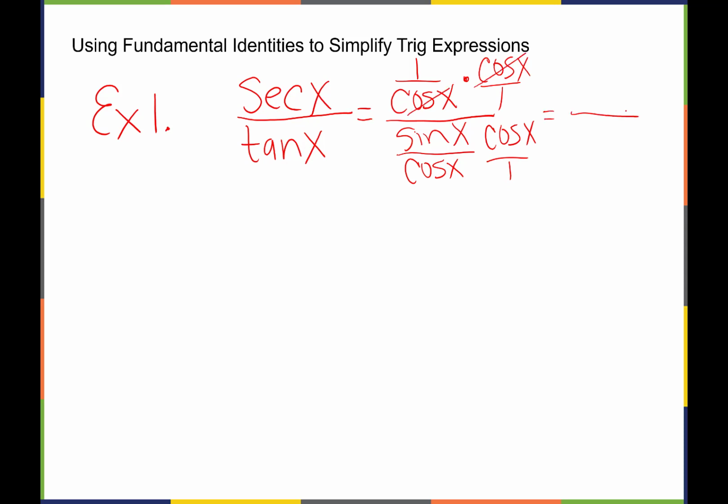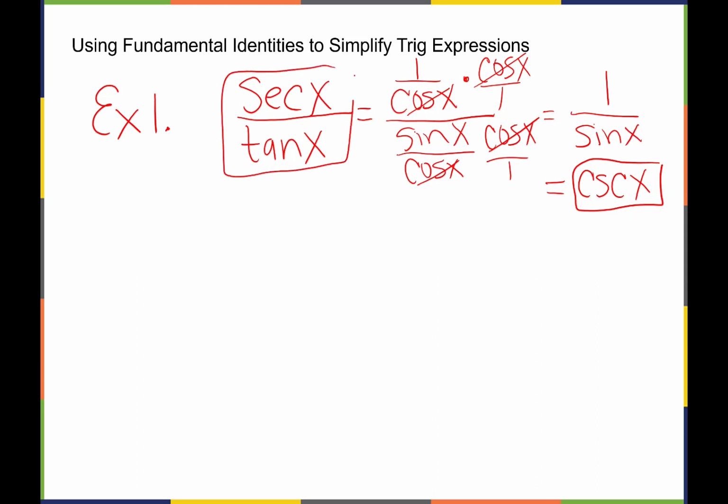So on top, I'm left with 1 because I crossed off my cosine x's. On the bottom, I cross off my cosine x, and I'm left with sine x. And I can also write 1 over sine x. I know that's the reciprocal of cosecant. So I know cosecant x can also be written as secant x divided by tan x.